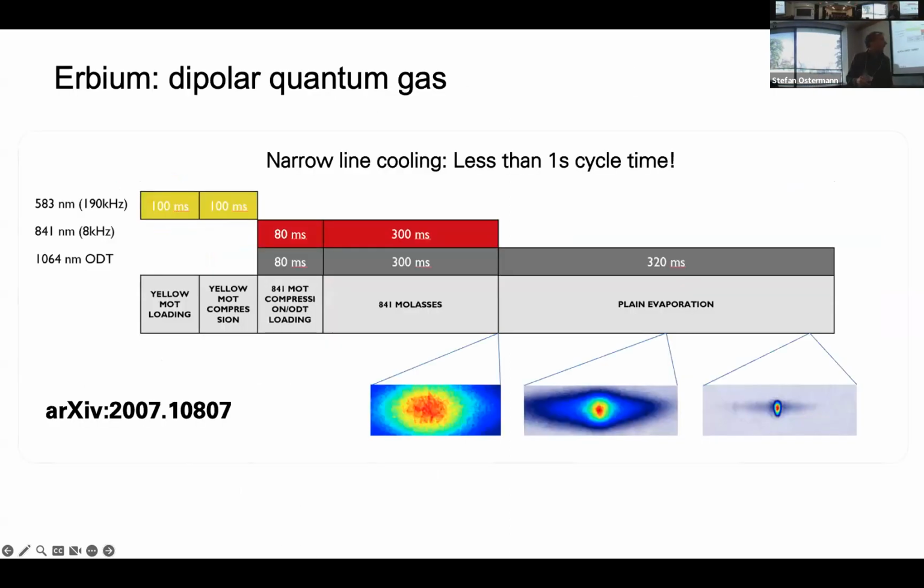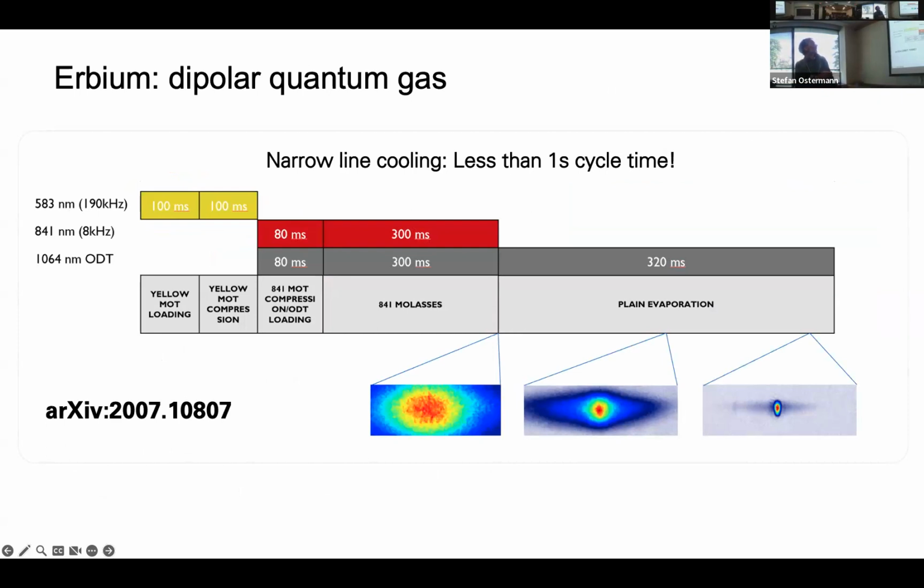The experiment is using a few tricks actually to get very fast Bose-Einstein condensation. Normally we are limited by cycle times of like once a minute or 2 shots a minute or so. But here it is actually possible by using narrow line cooling to reduce the cycle time by a lot.